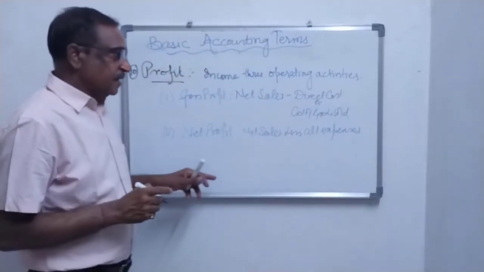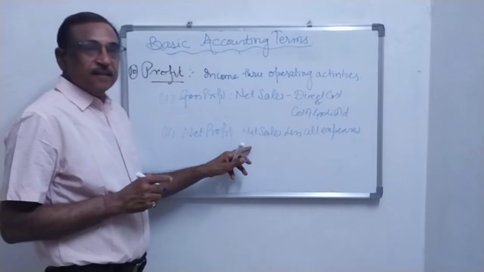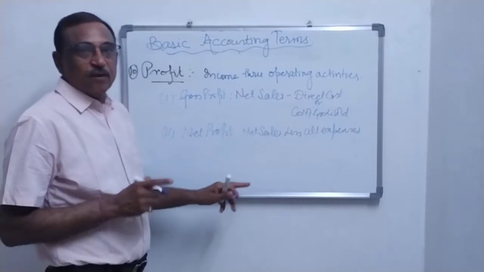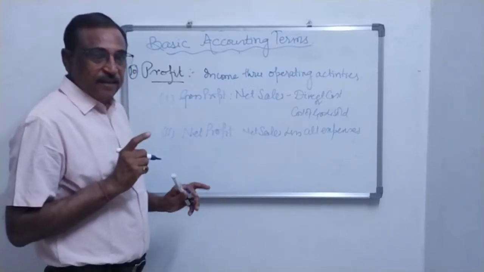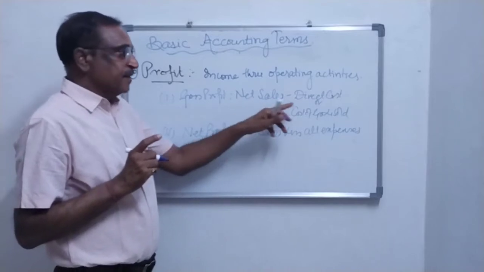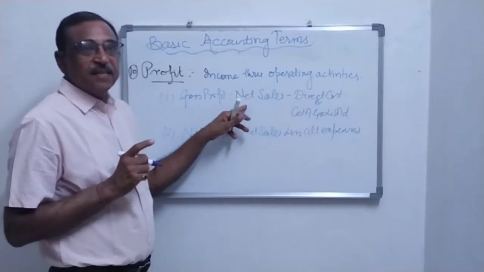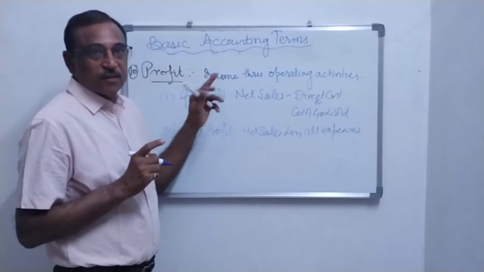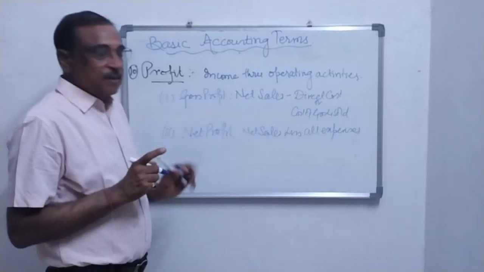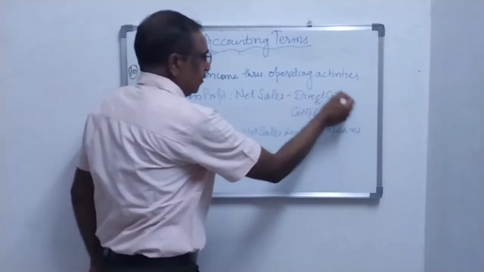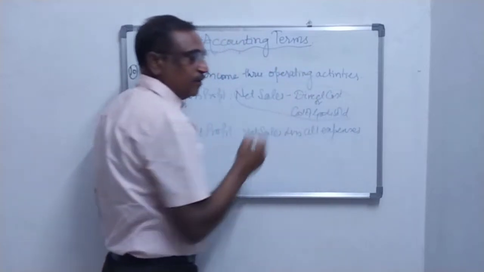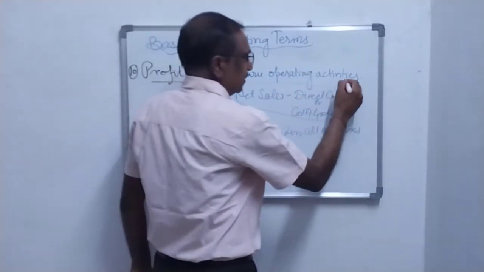In case expenses are more than net sales, it will be a case of net loss. Clear? And similarly here also, if direct cost is more than the net sales, it will be gross loss. Clear? So this is earned out of operating activities.